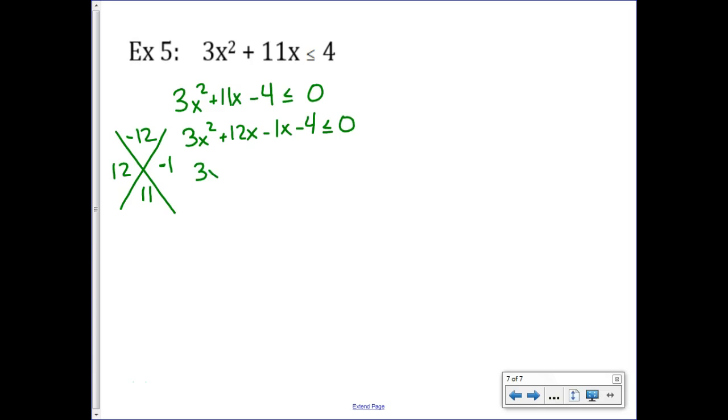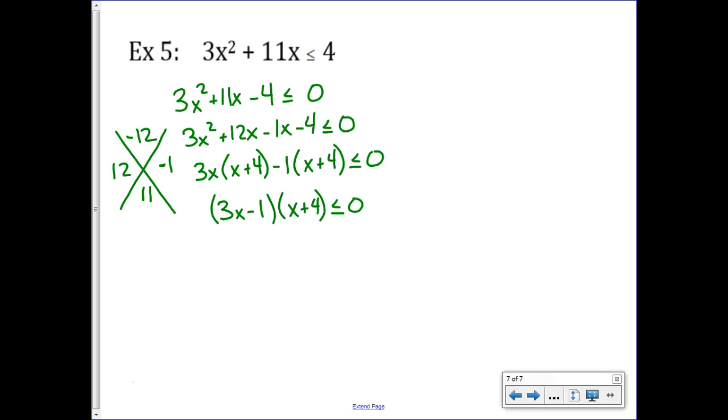I can take out a 3x, and I'm left with x plus 4. And over here, I can take out a -1, and I'm left with x plus 4, less than or equal to 0. So then I have 3x minus 1, and I have x plus 4, less than or equal to 0. Okay, so I get x is 1/3, and x is -4 is our 0 value.